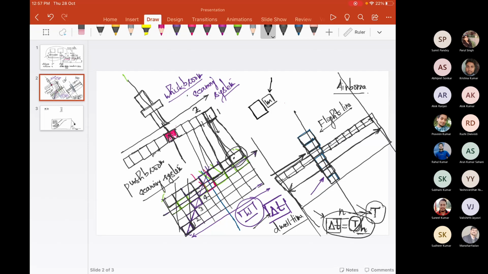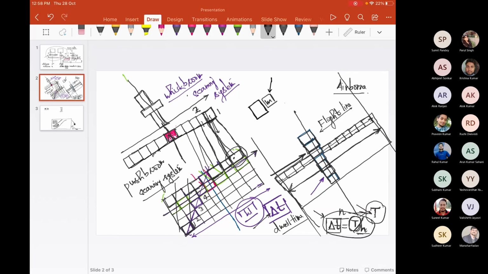Our next discussion will be on these resolutions part, and we will see how the data quality is affected by changing these resolutions. Okay. But certain concept we establish over here in the context of whisk broom scanning system and push broom scanning system. We'll see what is the benefit of push broom over whisk broom.